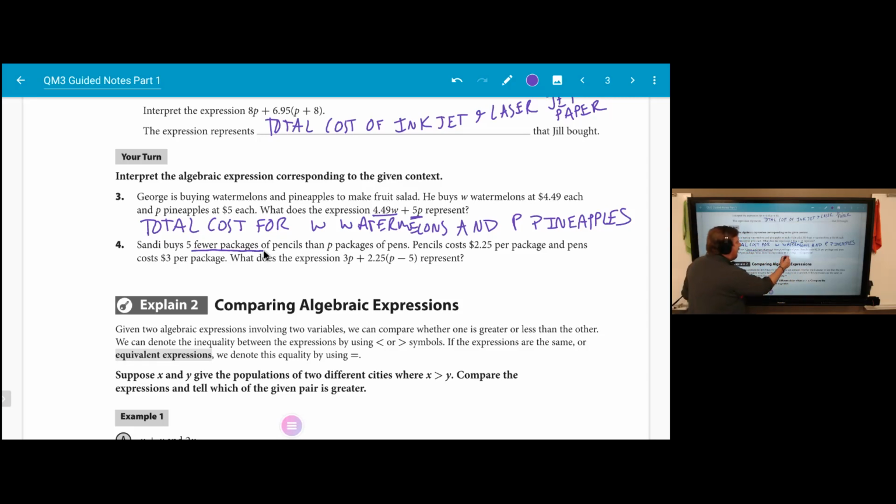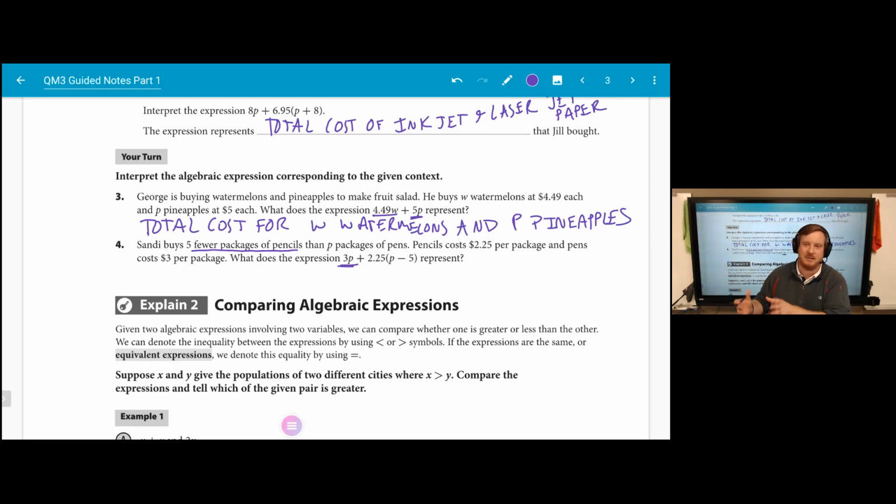Well, $3 is the cost per package of pens, and P is the number of pens that we bought. So 3P is the total cost of pens. P minus 5 represents the number of packages of pencils that we bought, because it's 5 fewer than the pens.